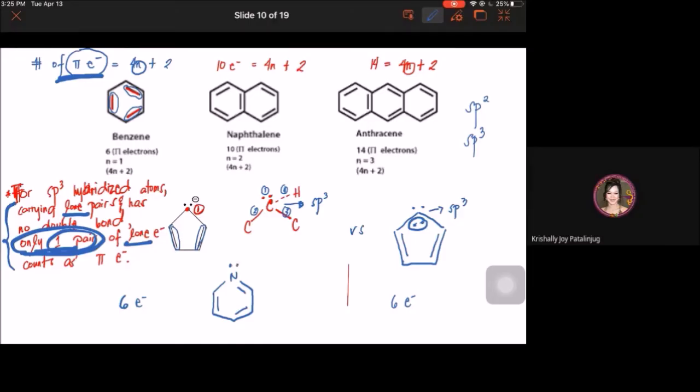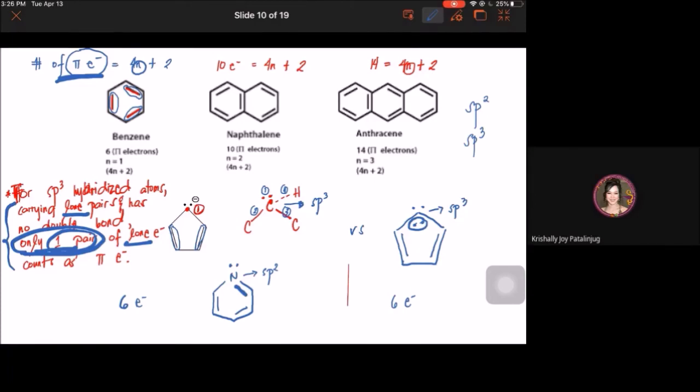If ever you encounter an sp2 hybridized atom carrying a lone pair, plus it has a double bond, take note that that atom is actually using its p orbital for the electrons in the double bond.